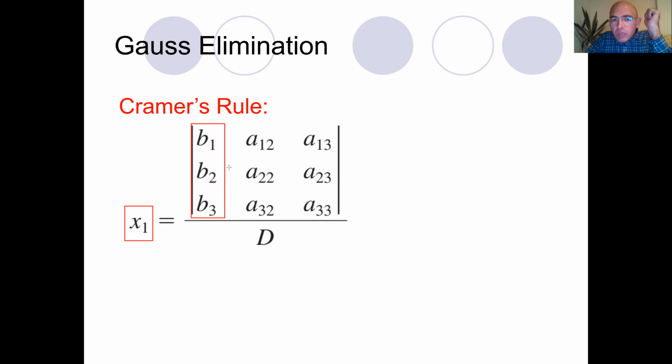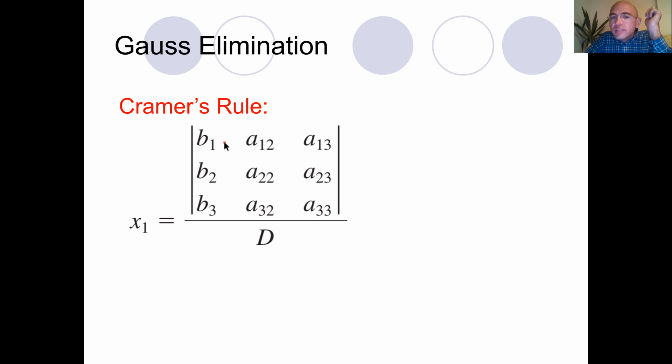Now we have a different matrix. You see B1, A12, A13, B2, A22, A23, B3, A32, A33. Okay, so we have a new matrix. And we calculate the determinant of this new matrix. Then we divide it with the determinant of the original matrix. This gives us the value for the x1.